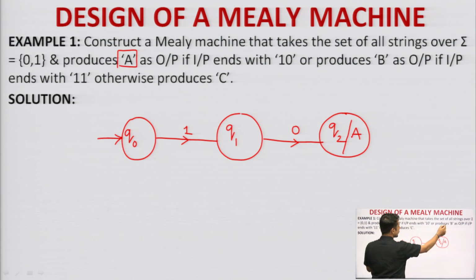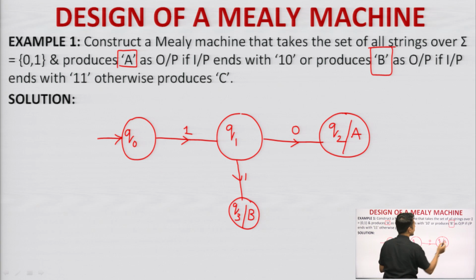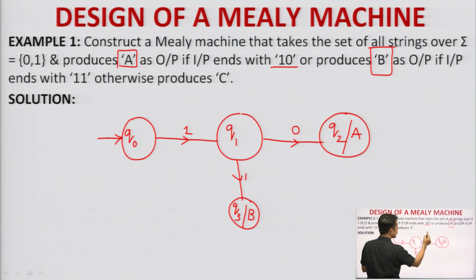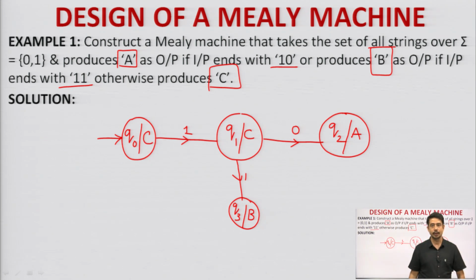Next, and produces B as output if the input ends with 11. 1 already came, and if I draw a 1 transition to another state, say suppose Q3, I can get the output as B. So, B is also got. And for 10 I got what? A, or produces B as output if it ends with 11. So, this is also done. Otherwise, it produces C. Therefore, other states will be C. I hope this is the Moore machine that you have got.